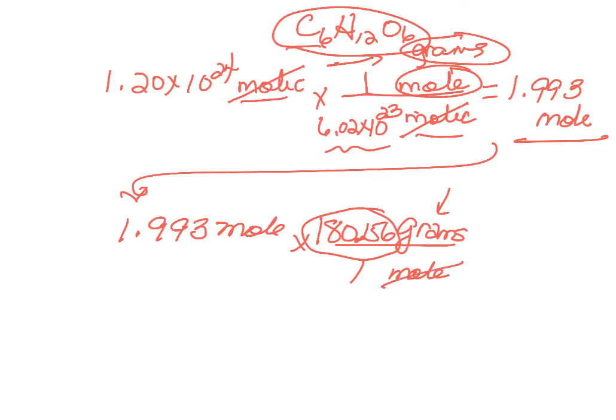All right, so now our moles cancel, and the math is simply 1.993 times 180.156, and let me go ahead and put that in my calculator. And so the final answer is 359, and the units, whatever the units in the numerator of your conversion factor, grams.